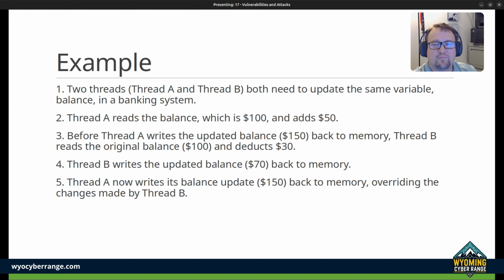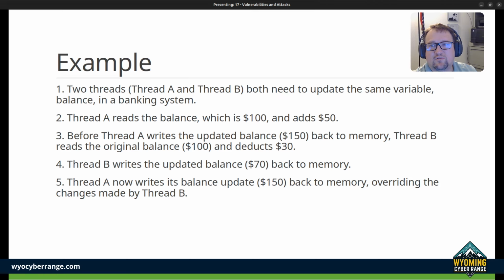Thread B writes the updated balance of $70 back to memory. Now the official balance is $70. But thread A hasn't completed yet, so it then updates the balance to $150, overriding the changes made by thread B. The final balance is $150, although it should have been $120 because the $50 was added, but also $30 was spent. Now the $30 deduction is completely lost.